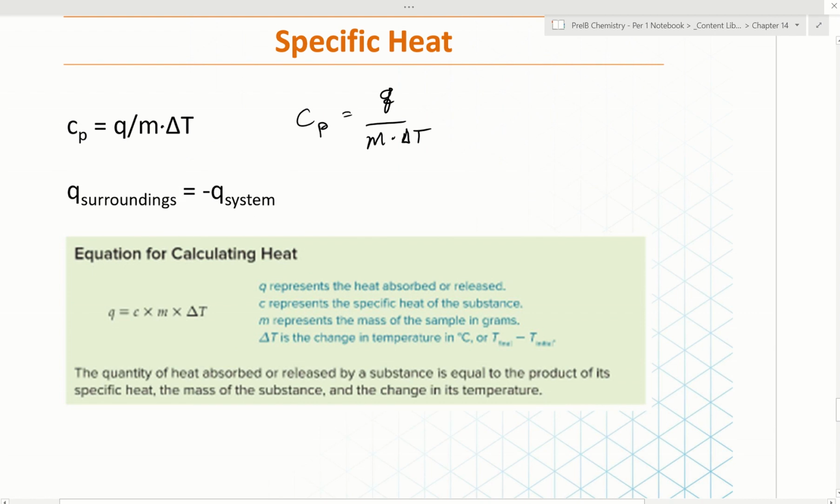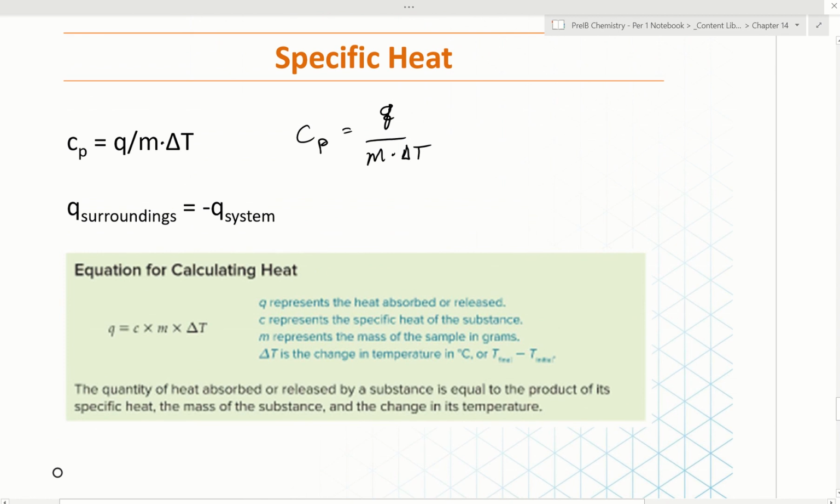We're going to have a discussion about that a little later, but we just need to know that the heat always transfers between the thing that we're looking at and everything else. So we call it the system and the surroundings. The system and the surroundings are negative of each other. However much energy one of them loses, the other one gains.